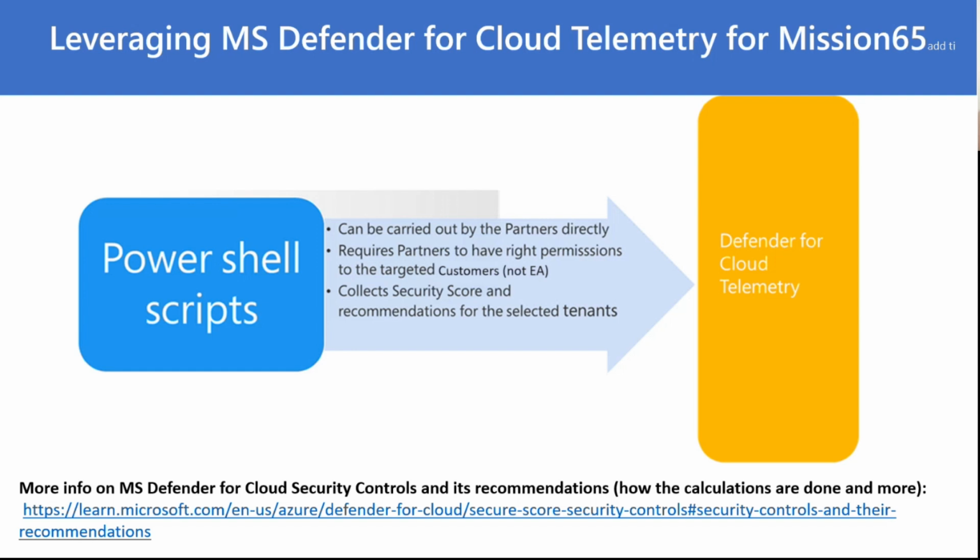If you have any questions or doubts about what the security controls from Defender for Cloud are, the recommendations, and even how the calculations are done, please make sure to take a look at this site, because it has basically everything you need to move forward.